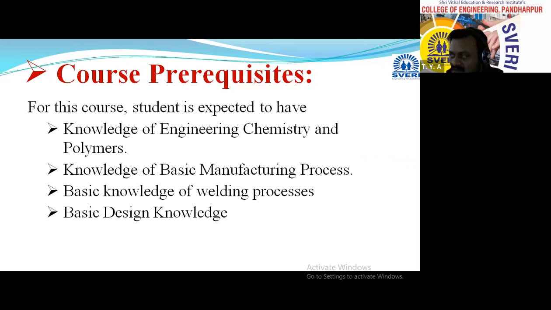I think you have studied these for metals only. Please go through it. The basic concept will remain the same, with small changes that we will discuss. So these are some prerequisites.